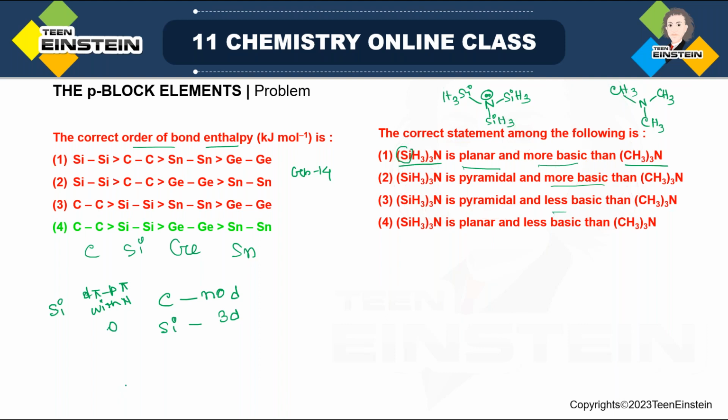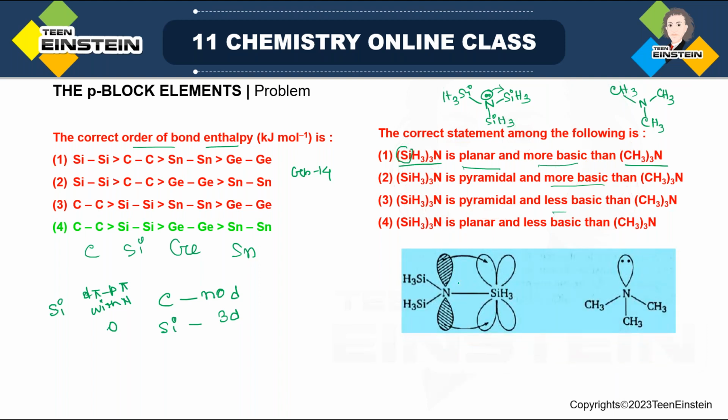Here we have a nitrogen-silicon bond, so you can expect dπ-pπ bond formation between nitrogen and silicon, where 3d comes from silicon and 2p from nitrogen. Then this lone pair will be donated towards the vacant d orbital of silicon. So there will be an extra bond between nitrogen and silicon, and the lone pair donating tendency will decrease.